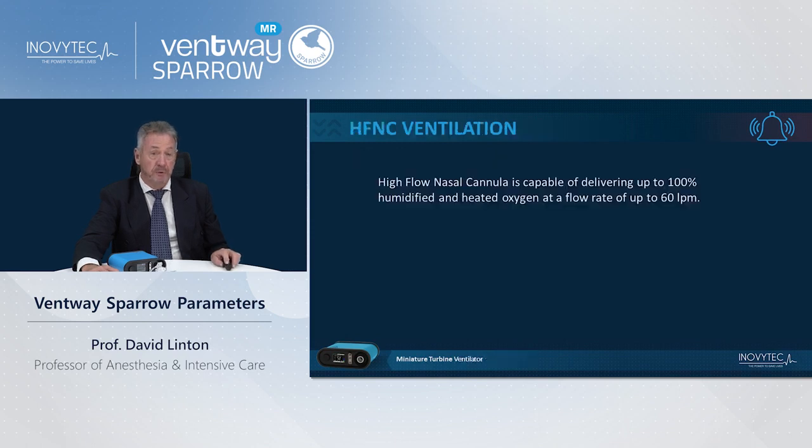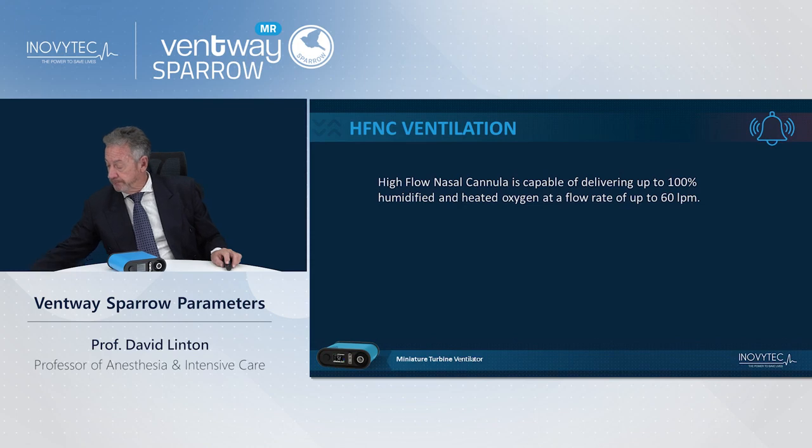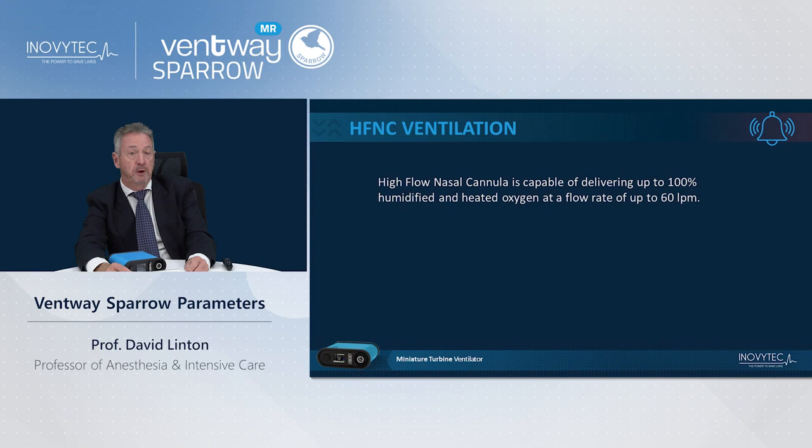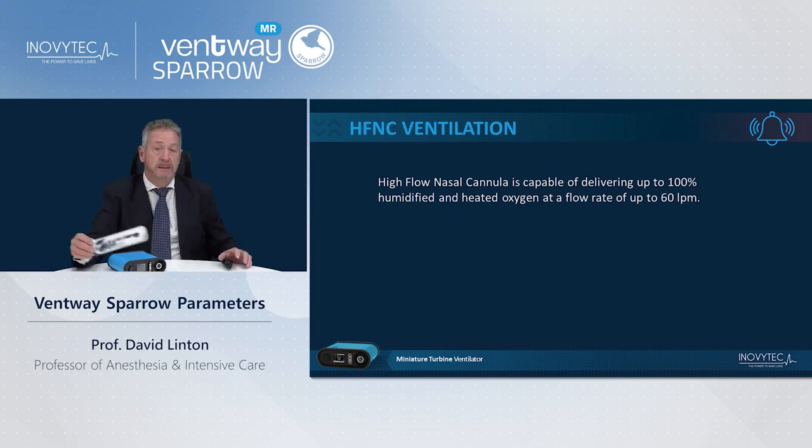Now, it is possible with the Ventway to connect a nasal cannula system and deliver high flow oxygen therapy by nasal cannula with flow rates up to 60 liters a minute.